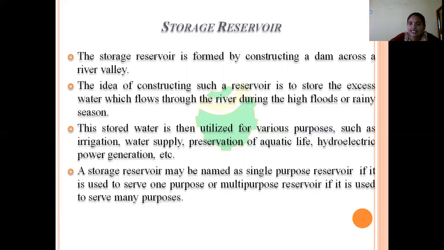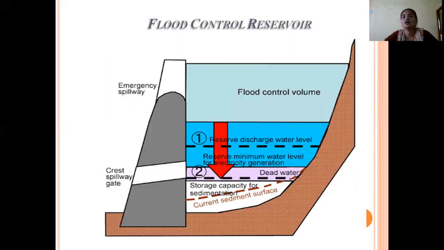This stored water is then utilized for various purposes such as irrigation, water supply, preservation of aquatic life, hydroelectric power generation, etc. A storage reservoir may be named a single-purpose reservoir if it serves one purpose, or a multi-purpose reservoir if it serves many purposes. So a storage reservoir may come under single-purpose or multi-purpose reservoirs.